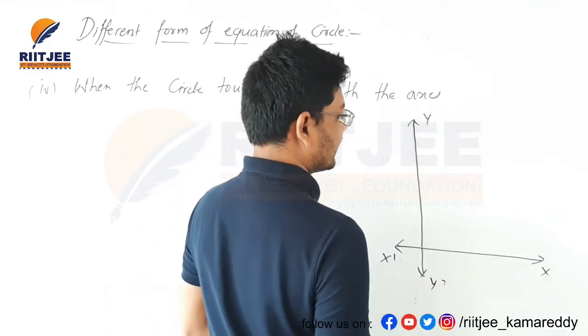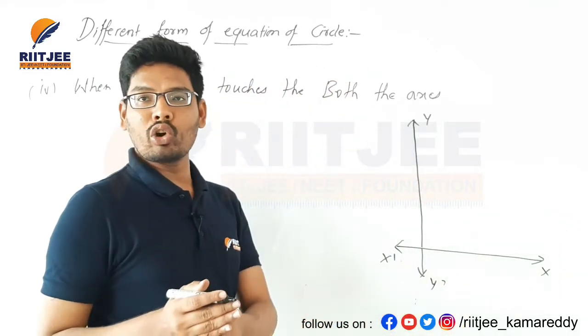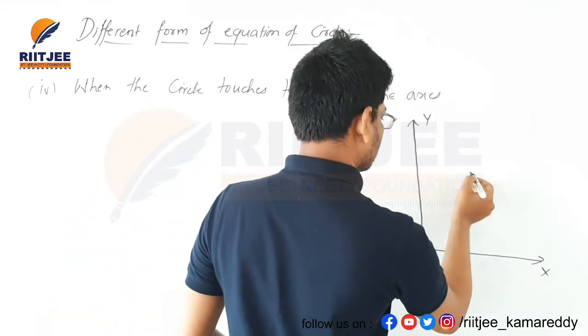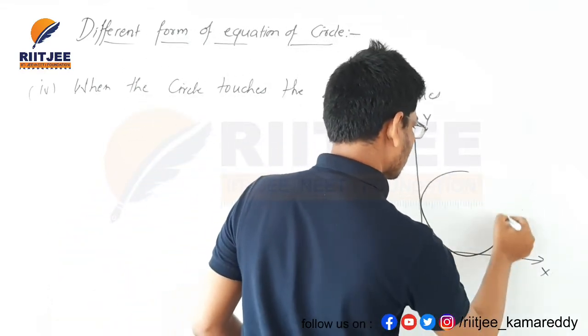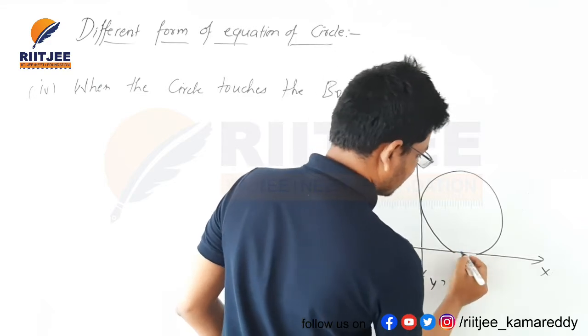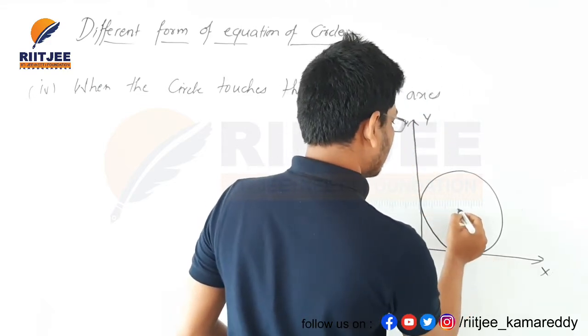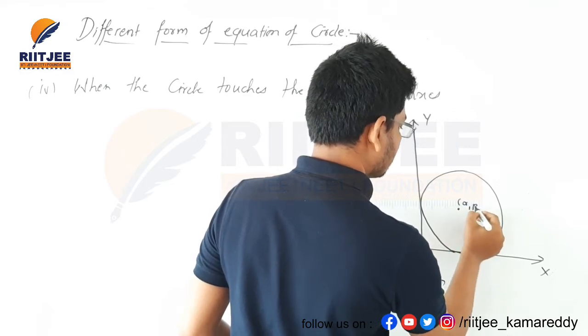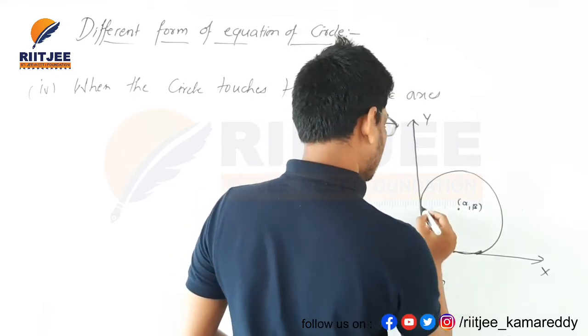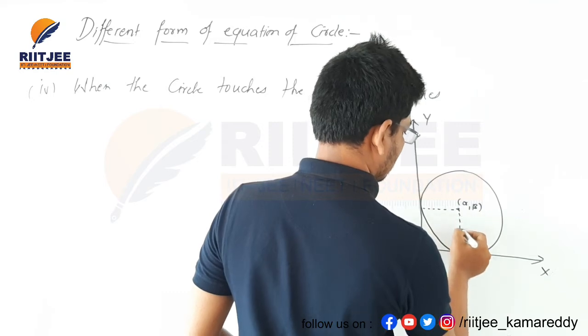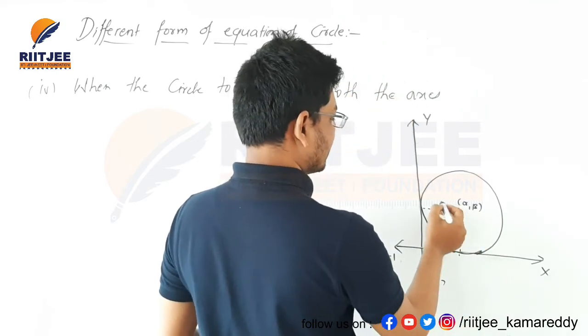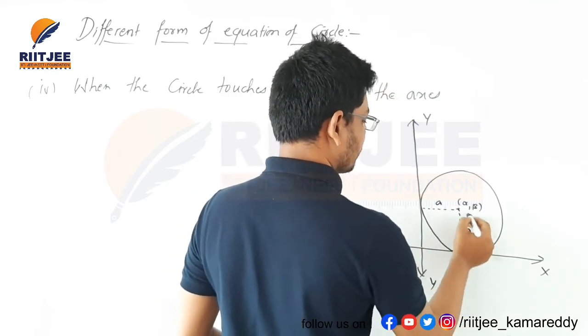I am taking the circle touching the two coordinate axes, for example touching like this. This is alpha comma beta, the center is called alpha comma beta, and the distance to both the axes is a units.